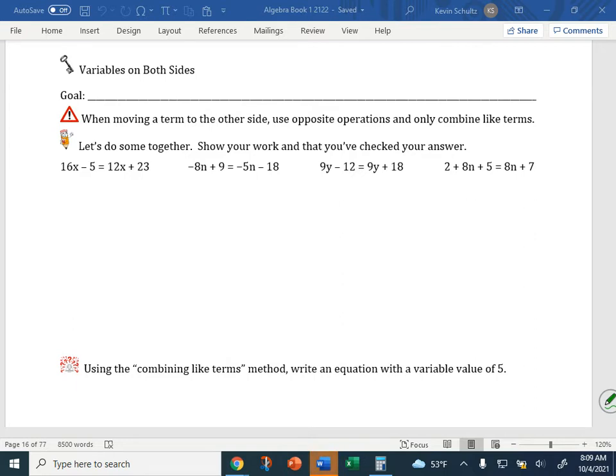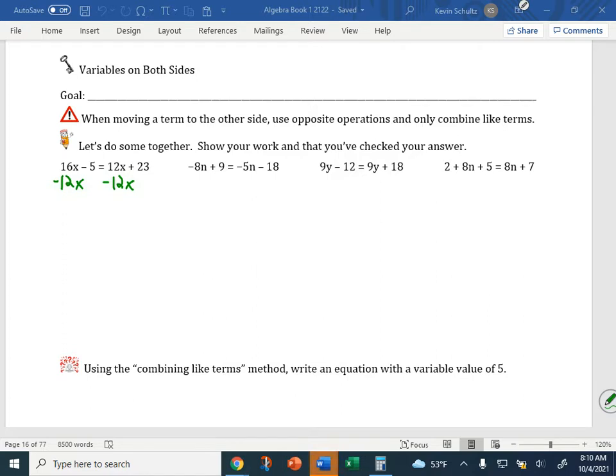If they're on opposite sides of the equation, we need to use, Kylie? Opposite operations, right?